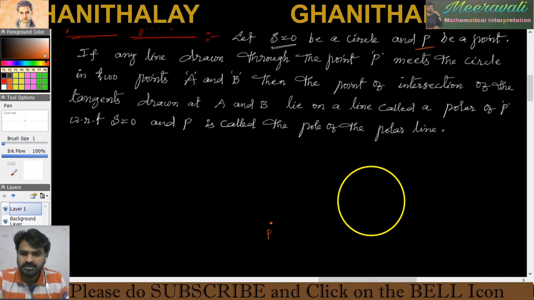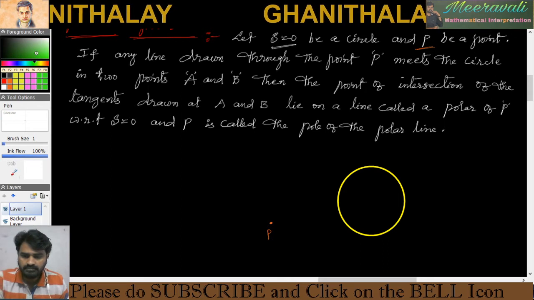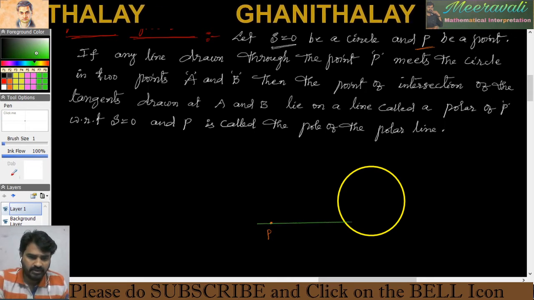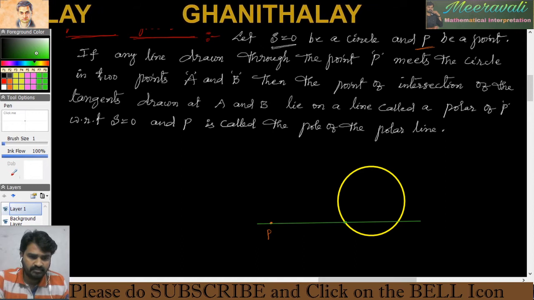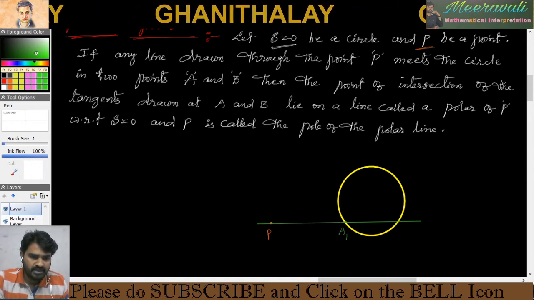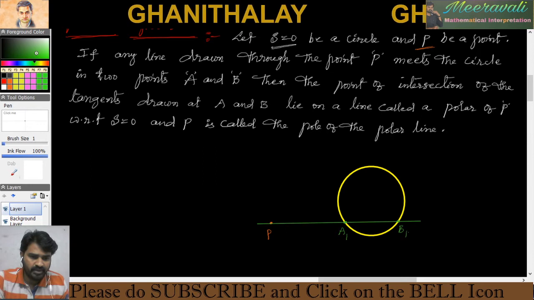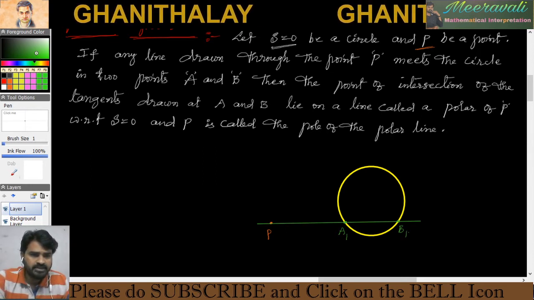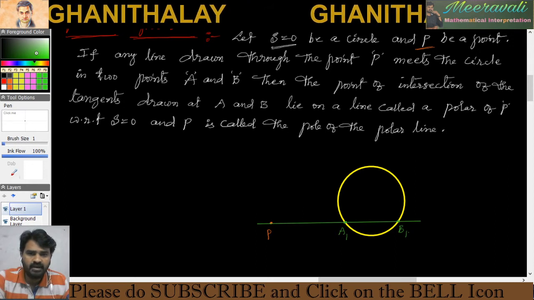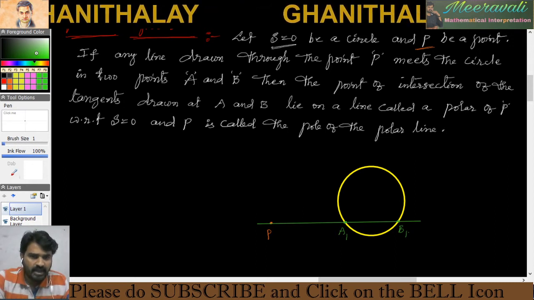Suppose I take a line through the point P like that. Suppose this meets the circle at A1 and B1. Then the point of intersection of the tangents drawn at A1 and B1 lies on the line.